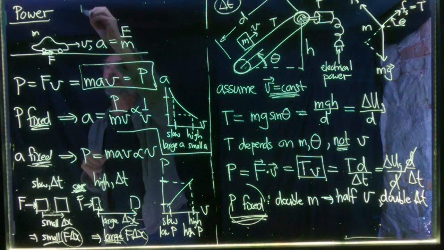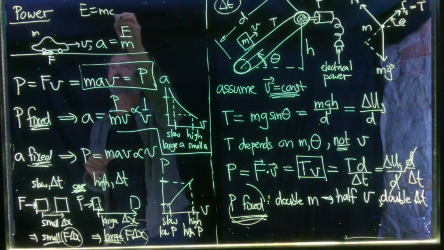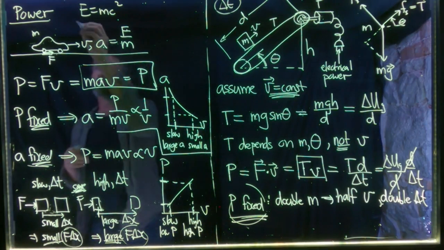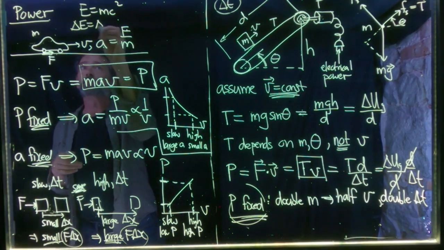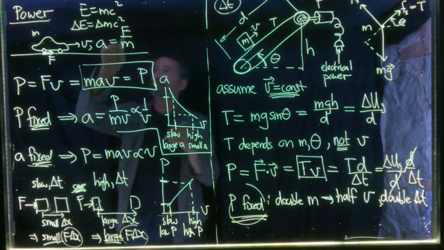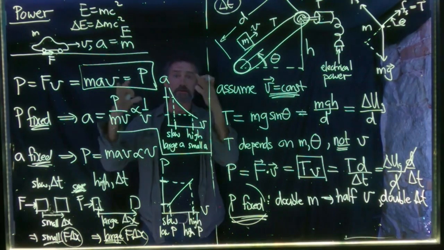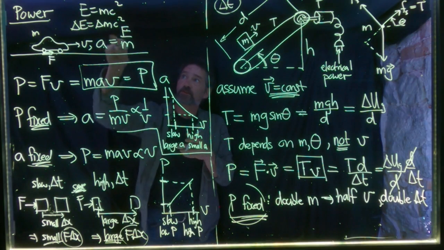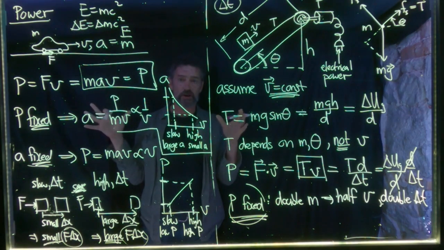We know that energy E equals mc squared, so delta E is equal to delta m c squared. The change in rest mass of the system was 3 times the mass of the sun. So take 3 times the mass of the sun times c squared, which is 10 to the 17. That is an enormous amount of energy that has been released.